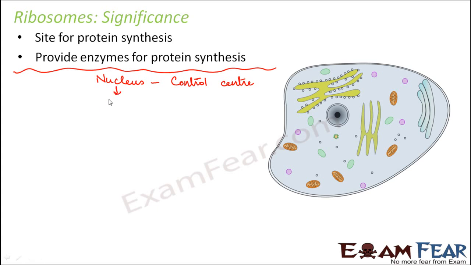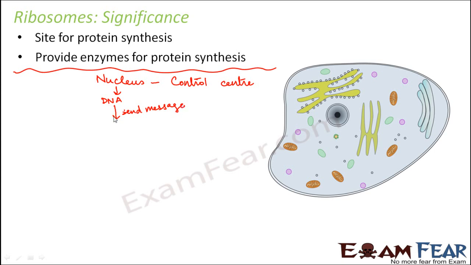Now inside the nucleus is present the genetic material, DNA. So what will this DNA do? Right now I'm explaining in very simple terms for you to understand. The exact processes we will study in later chapters gradually.